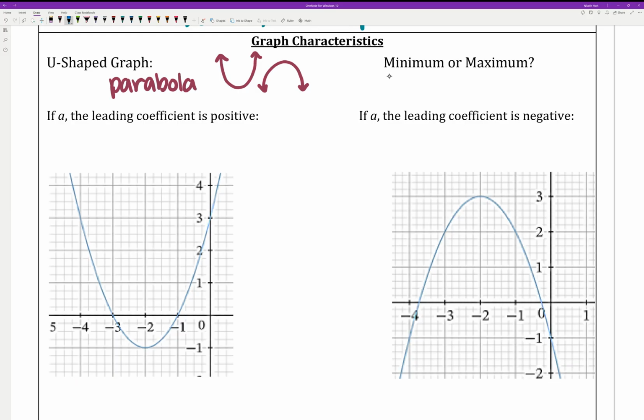Now our parabolas, no matter what, are either going to have a minimum or maximum. The minimum would be the lowest point. The maximum would be the highest point of the U. So it depends on the direction. I have two parabolas here that are graphed.